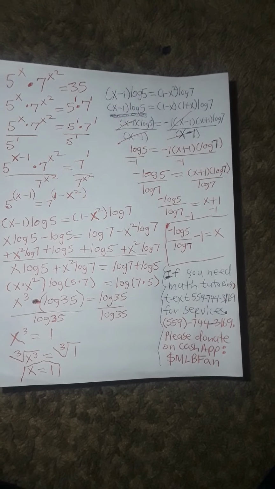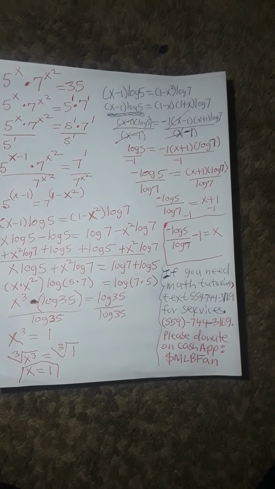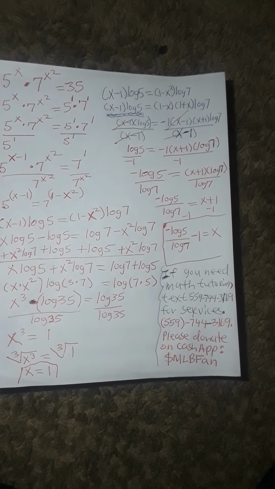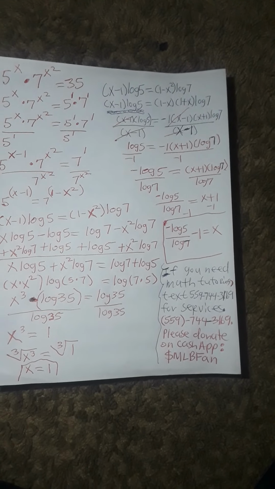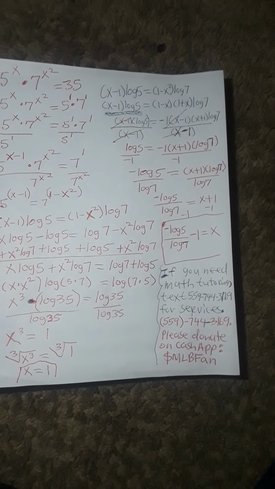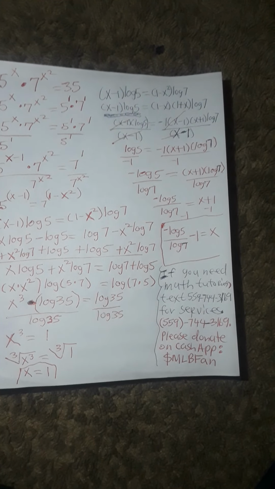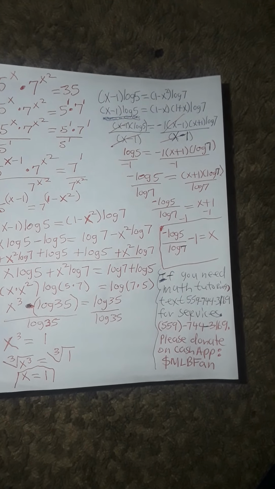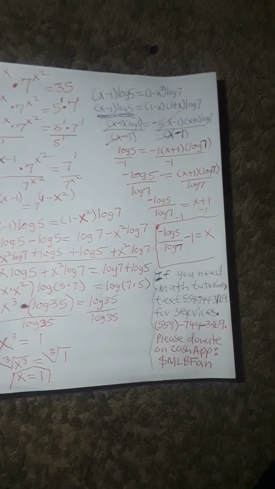Now we divide both sides eventually by a certain factor, but first we have to factor out a negative 1 from 1 minus x to obtain negative 1 times x minus 1 times x plus 1 log of 7 is equal to x minus 1 times log of 5.